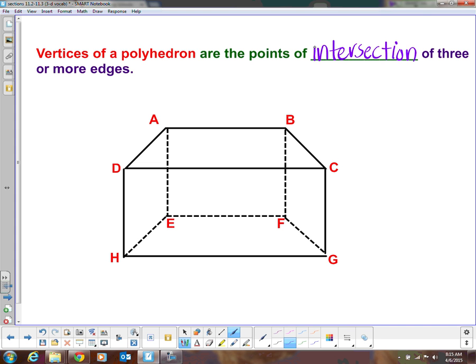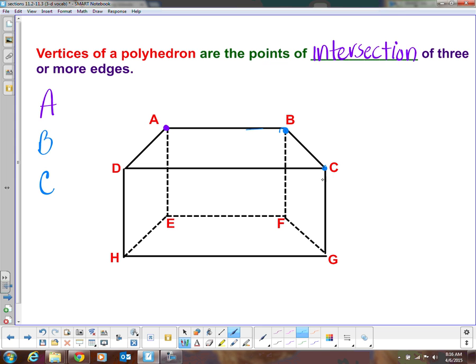All right, an example of a vertex is A. You see, at A, we've got this edge and that edge all coming together. So those are three edges that intersect at A. What's another one? B. And at B, you've got AB, CB, and FB coming together. I heard C. C's another one.